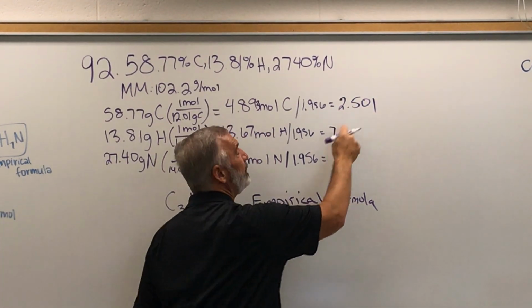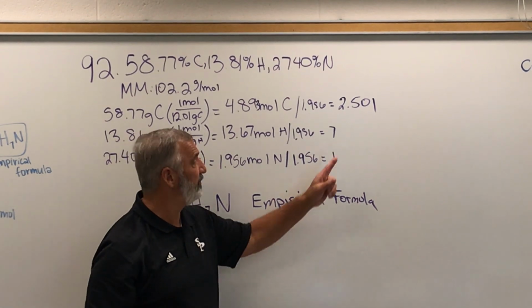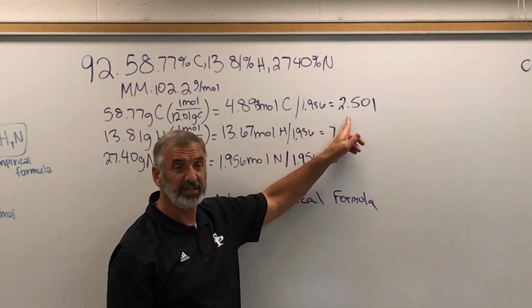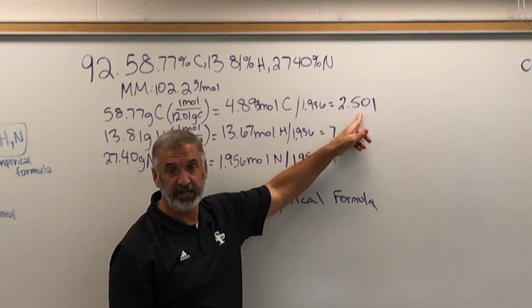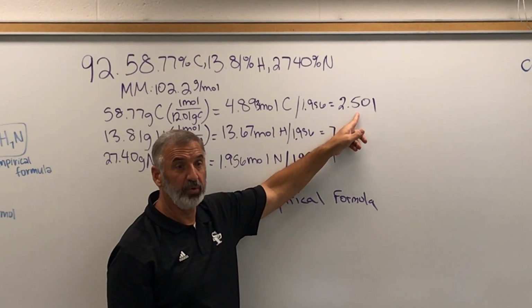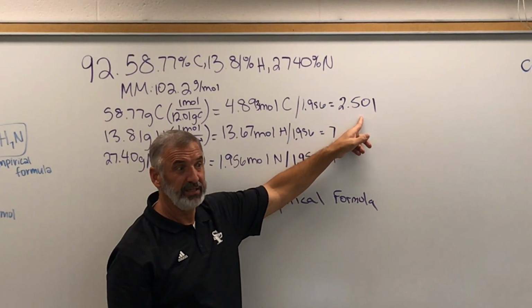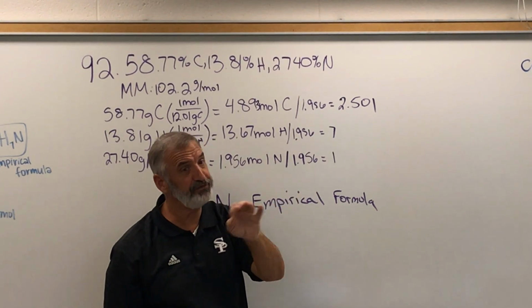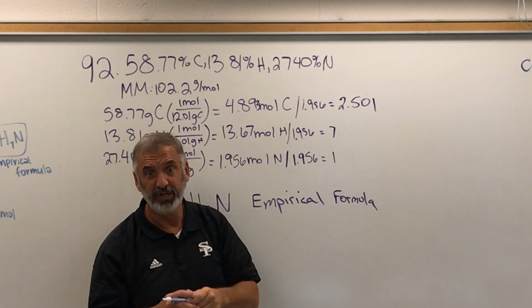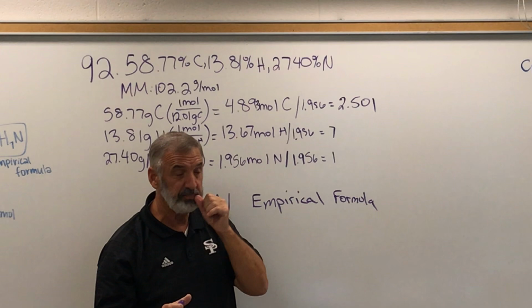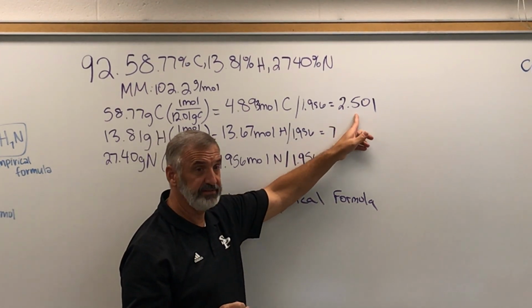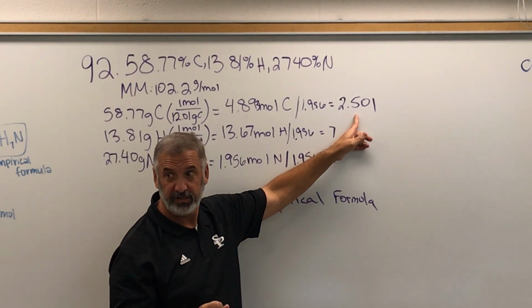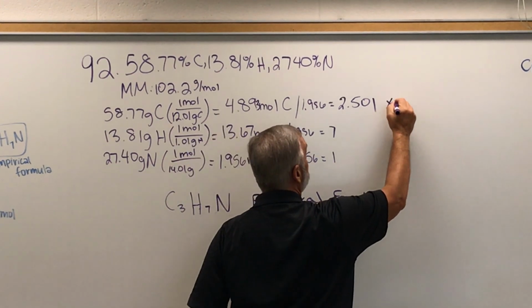You cannot round that. The only time you can round this to the nearest whole number is if it comes out to like 2.05, 2.01, 1.98. It needs to be within 0.05, really, just touch or go, to be able to round it, okay? If it's 2.5, what do we need to multiply by? Multiply by 2.